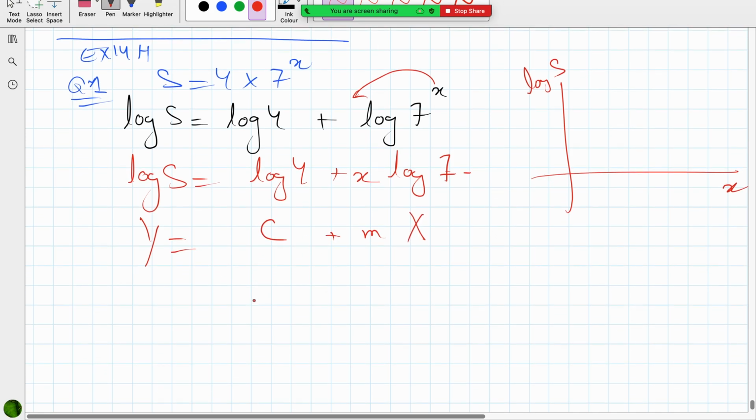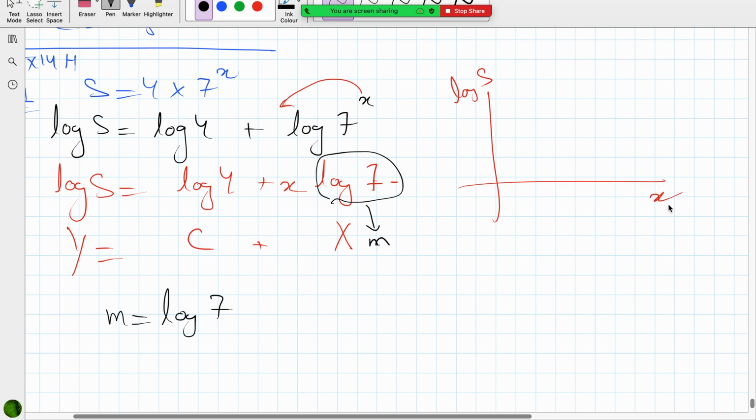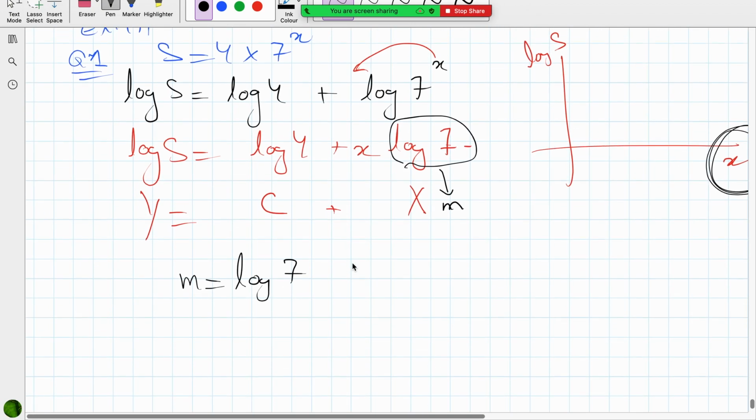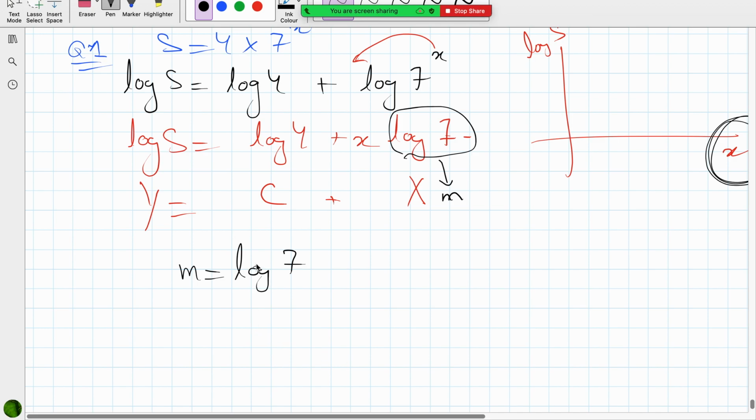So gradient and y-intercept. Let me write it in reverse form because this is our m. Log 7 is the gradient. Why so? Because on the x-axis we have x, and anything with x is the gradient. And the y-intercept is log of 4.